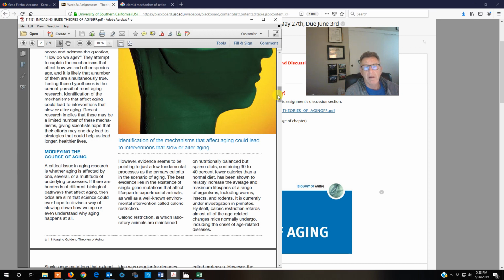And so many researchers have turned to other model organisms besides mice and rats, and we look at things like Drosophila, which is the fruit fly, which lives for weeks. Nematode worms, they're called C. elegans. Sean Kern in our department works on this. Again, they're very short-lived, and even something as simple as yeast has turnover in days.